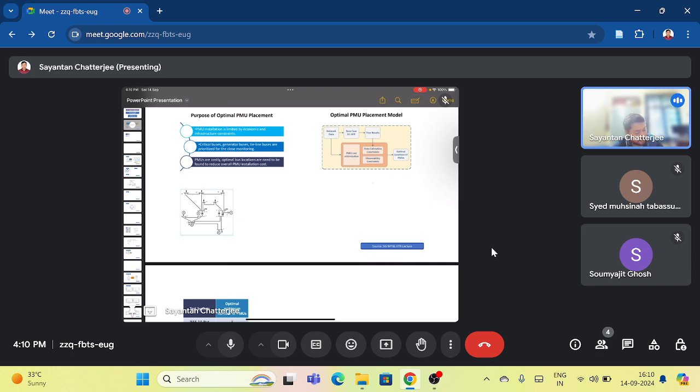So one of the basic aims is to have an overview of how the system state varies over time. So we need to have a close picture of how the system state varies over time.